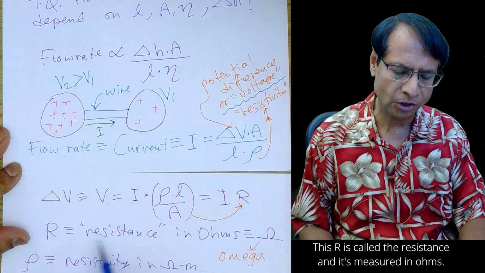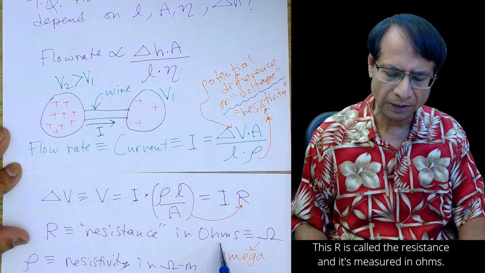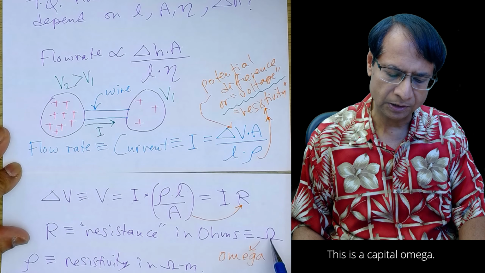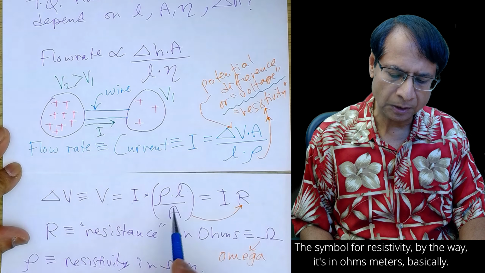This R is called the resistance, and it's measured in ohms, and the symbol for that is omega. This is a capital omega. The unit for resistivity, by the way, is ohm meters, basically.